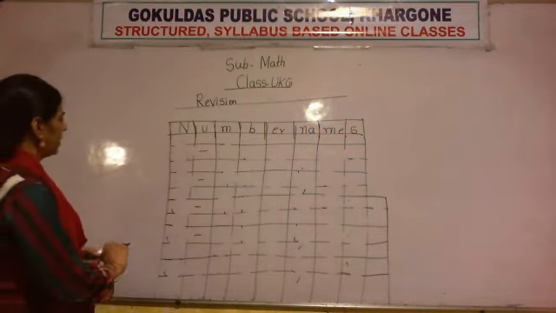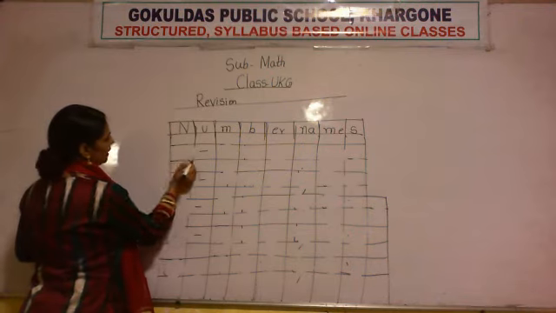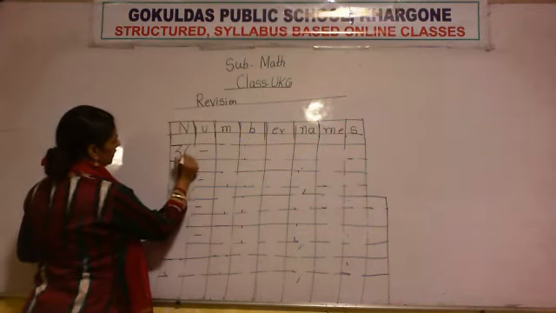Okay, so till 35 we had completed. Now I am going to write the spelling of 3, 6, 36.